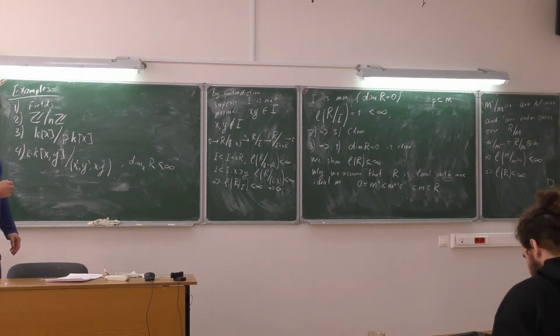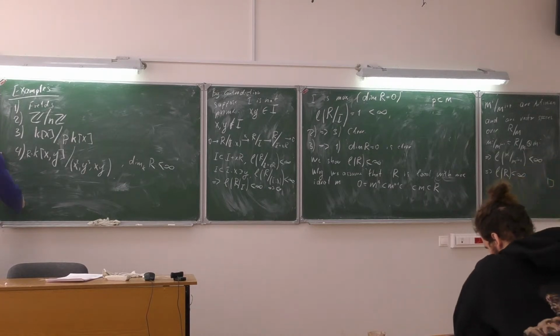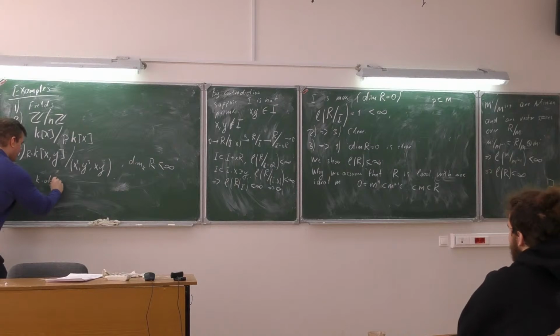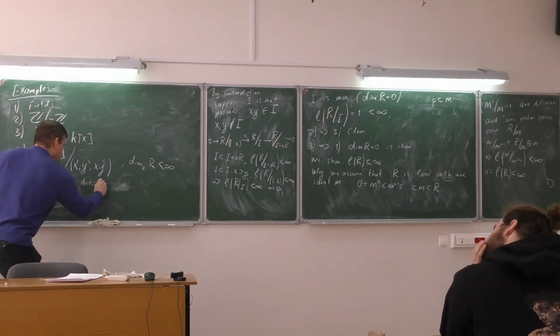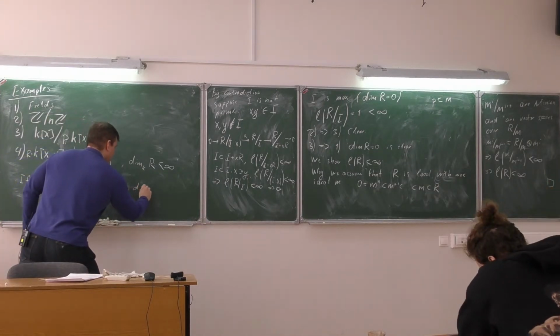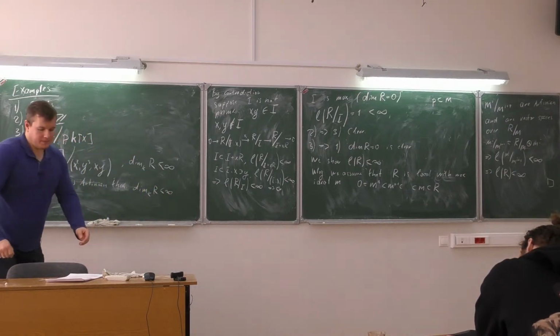And in fact, the converse is also true. So if an algebra is Artinian, then the dimension is finite.